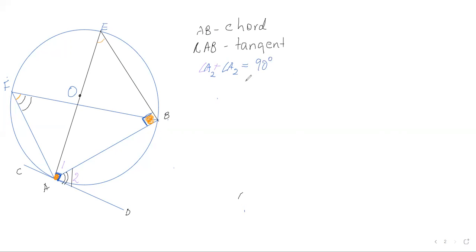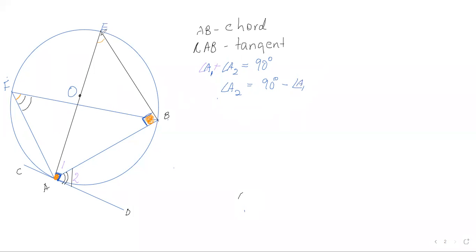They give us 90. Therefore, angle A2 is equal to 90 degrees minus angle A1. Supposed to be A1 there. Angle A1.